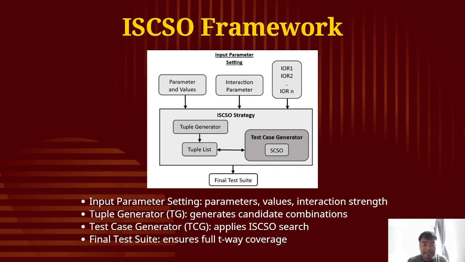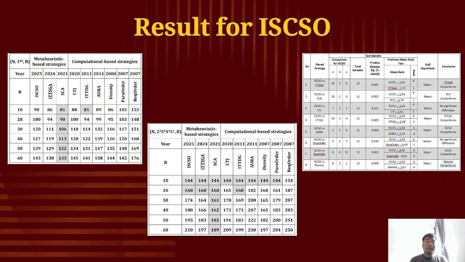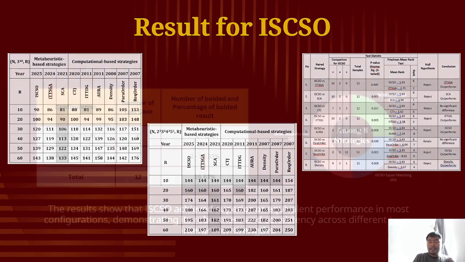For the test case generator, we apply the ISCSO search, which is sand cat swarm optimization. For the final test suite, we ensure full T-way coverage. And for the results, this is what we got so far. We tested against other strategies, and we also show the results for the Friedman mean rank and the Wilcoxon test.